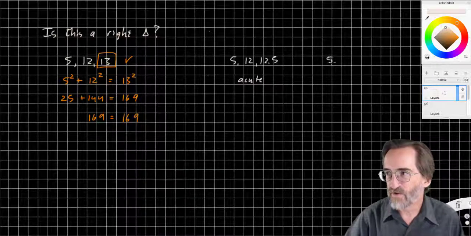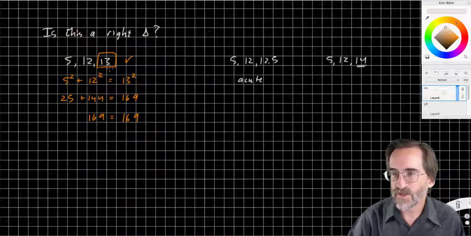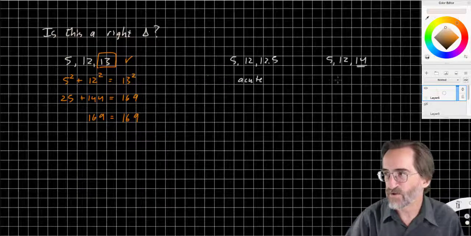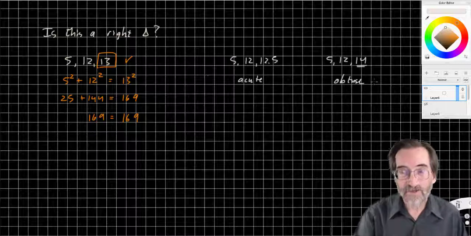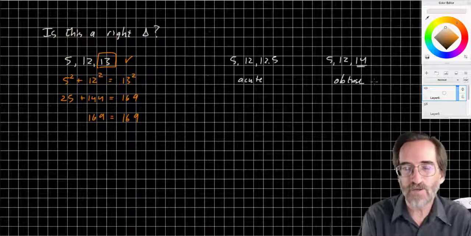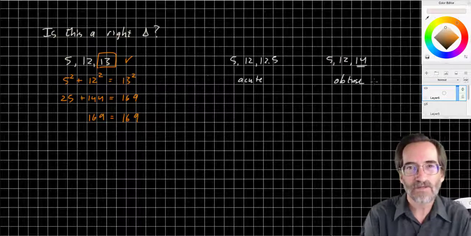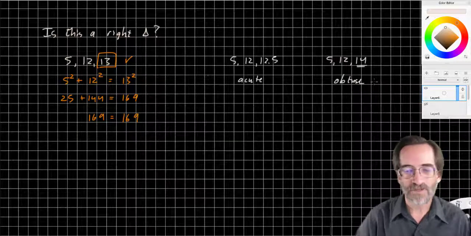As opposed to 5, 12, and 14, this is bigger than 13, so this would be an obtuse triangle. Okay, an obtuse triangle. So the converse of the Pythagorean theorem basically says if the sum of the squares of the small sides equals the sum of the square of the large side, then it is a right triangle.